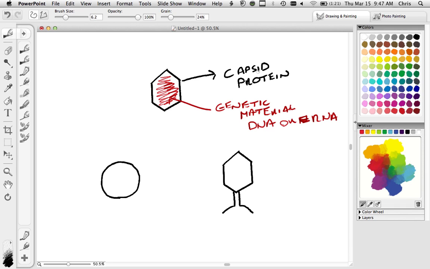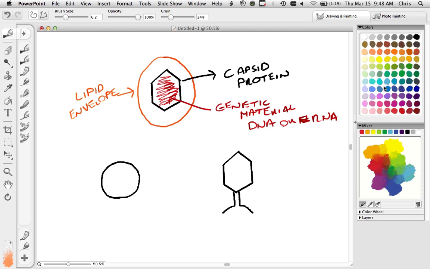Going back up here to this original virus, some viruses actually have an outer membrane, so to speak, made of lipids, just like cells have an outer membrane made of lipids. And this is a lipid envelope. The reason this resembles cells is because this envelope actually came from a pre-existing cell.